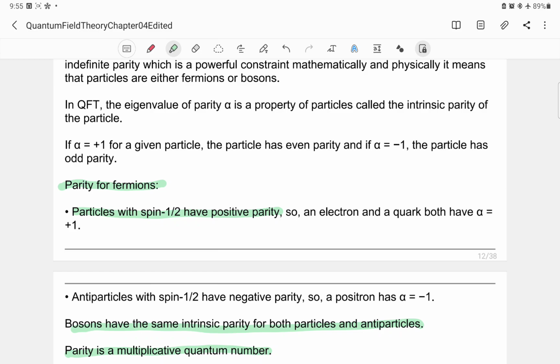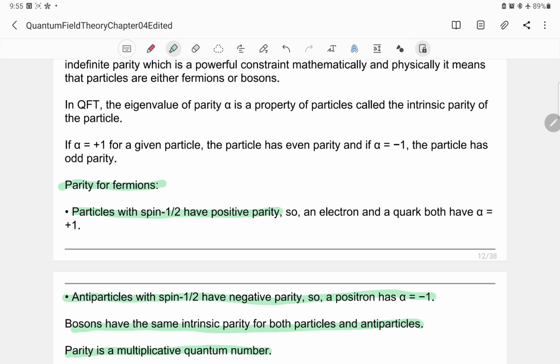Their antiparticles, that means the positron and antiquarks, have negative parity. So these are the things that you should remember when dealing with particle interactions.